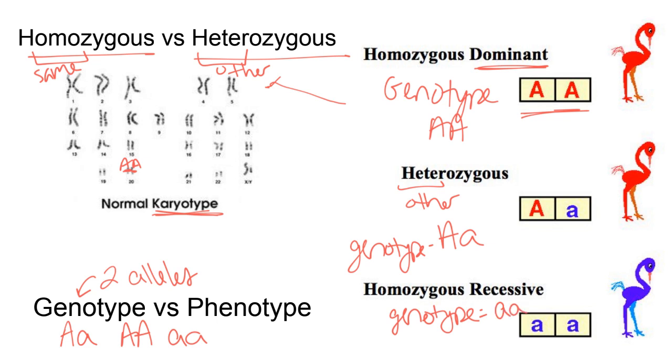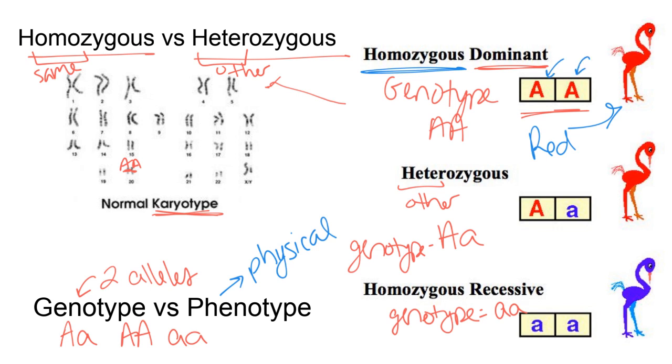The phenotype is going to be the physical. What is actually expressed? What does it actually look like? So at the top, again, for this homozygous dominant genotype, this big A genotype, this bird looks red. It's got one allele for red, one allele for red. It looks red.